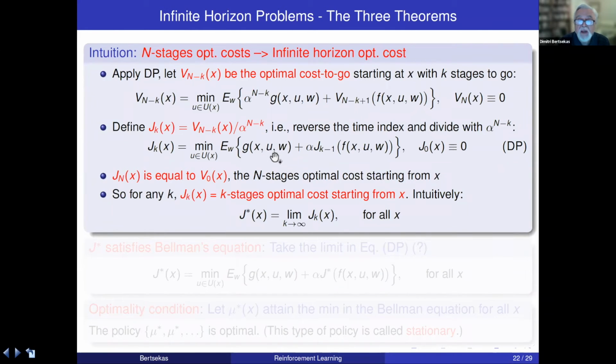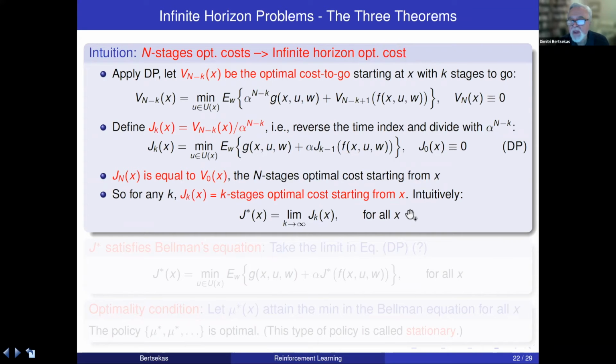So with each iteration of this algorithm, you get the optimal cost of a longer problem, longer by one stage, from k stages to k plus 1 stages, k plus 2 stages, and as k goes to infinity, you expect to get the optimal cost of the infinite horizon problem for an infinite number of stages. That's what this expression says, that you can run the dynamic programming algorithm forward with a reversal of time index, and in the limit, you should get the optimal infinite horizon cost.